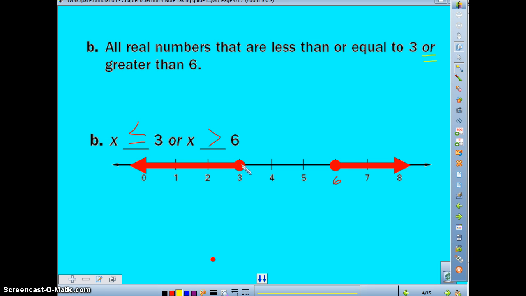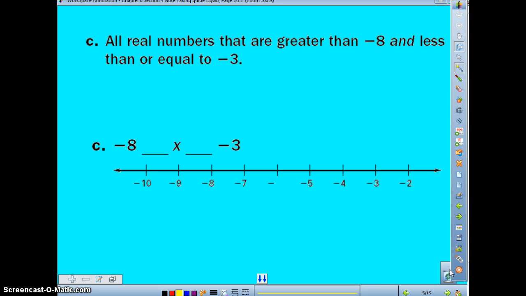That's right. It's color a circle or leave that open. Yes, I know I'm using yellow, but it just shows up real well on the red. So we have less than or equal to, filled-in circle, greater than 6, open circle going that way. Now remember, what that means is it doesn't include 6, but it includes everything that's larger than that.